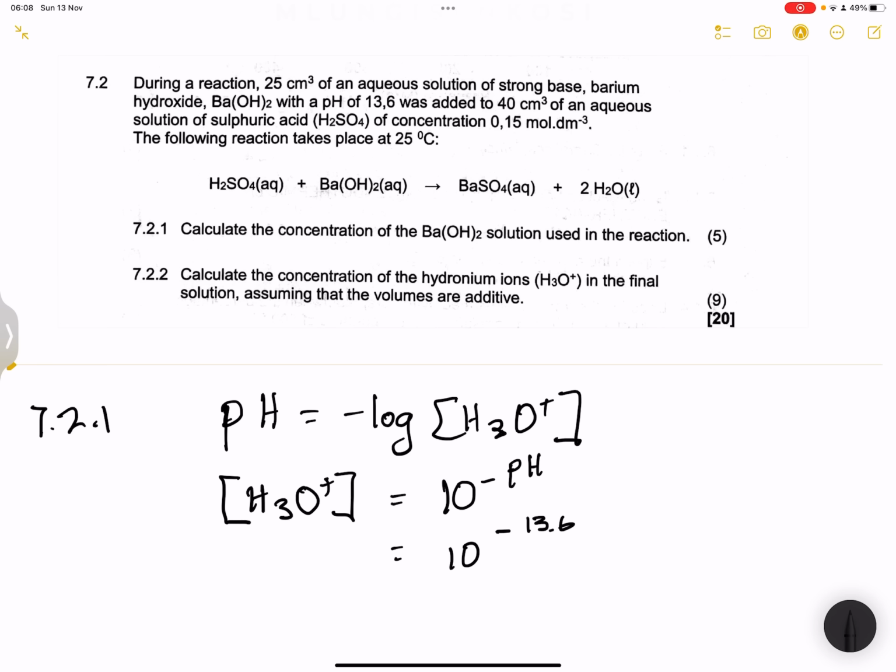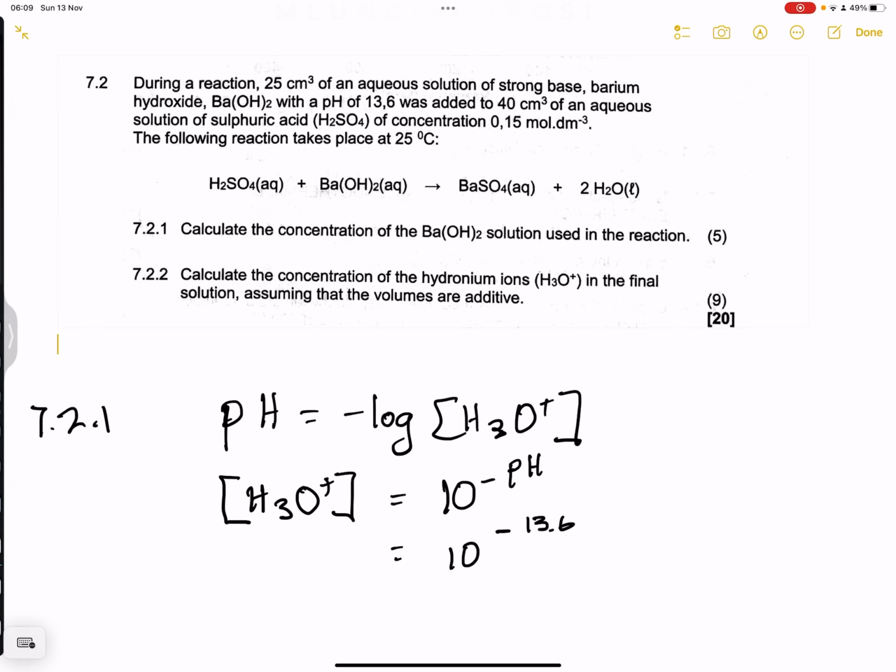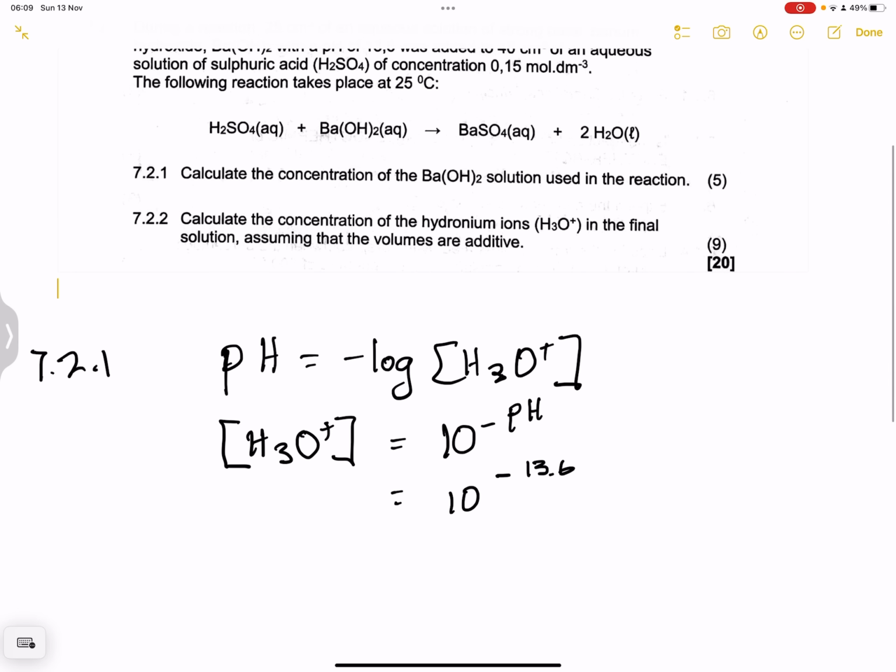You can calculate the actual concentration, and that gives me a very weird value. So I'll come back to that. In fact, I'll leave it exactly in that form.